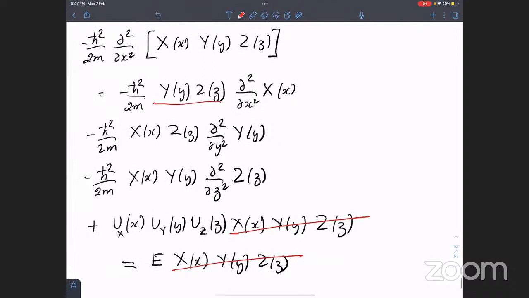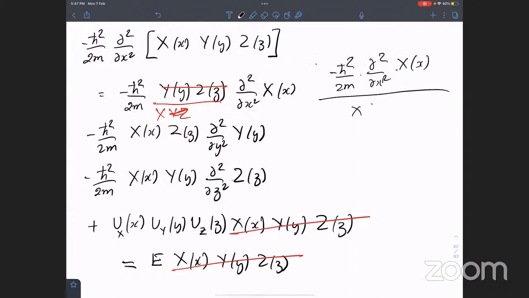If I divide by X, Y, Z, this will cancel with this, and I'll get terms of the form minus h squared by 2m, d squared by dx squared, X of x, divided by X of x. Something like this, right? I'll get three terms, the other two similar to that. Minus h squared d squared dy squared of Y divided by Y, right?